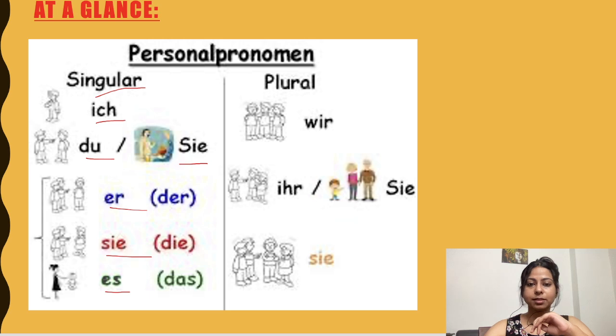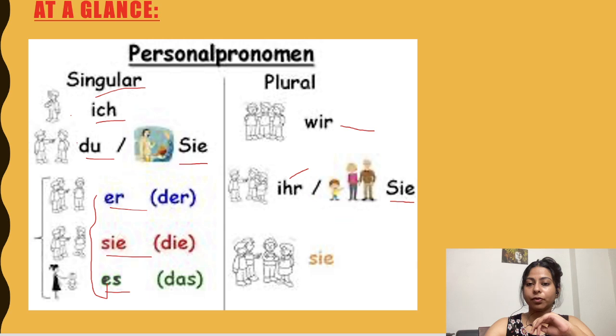So these are the singular cases of first person, second person and third person. And when we look at the plural side, first person plural would be wir, second person informal plural would be ihr, and formal would be Sie.